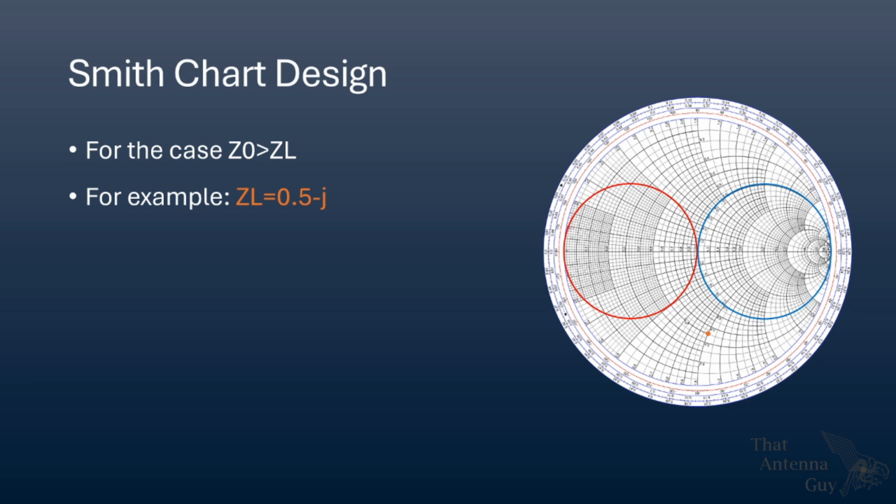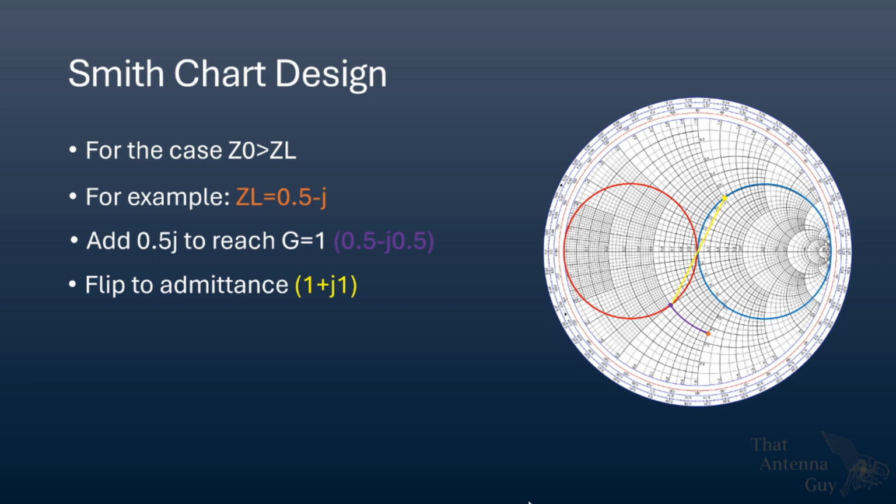And so all I have to do here is add 0.5j, and then I'm on my g equals 1 circle. And now all we have to do is a simple flip into admittance, and then by subtracting j from that admittance value, we are at a matched point.